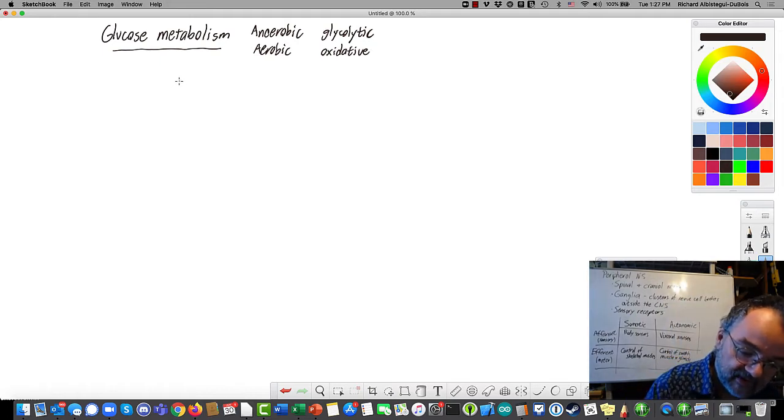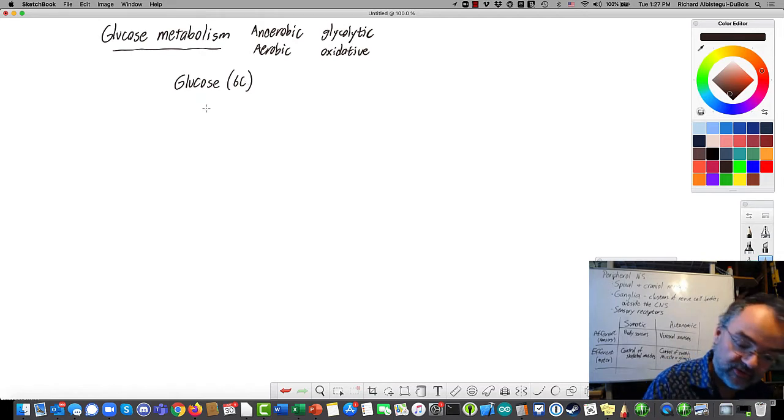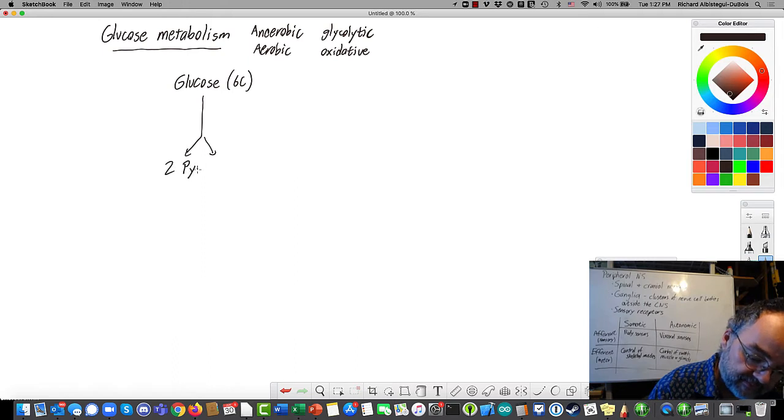So, our first stage of this, we start with one molecule of glucose, which has 6 carbons. And we're going to start that glucose through a series of reactions where we're going to end up splitting it into 2 molecules of pyruvate, each of which is a 3-carbon molecule.